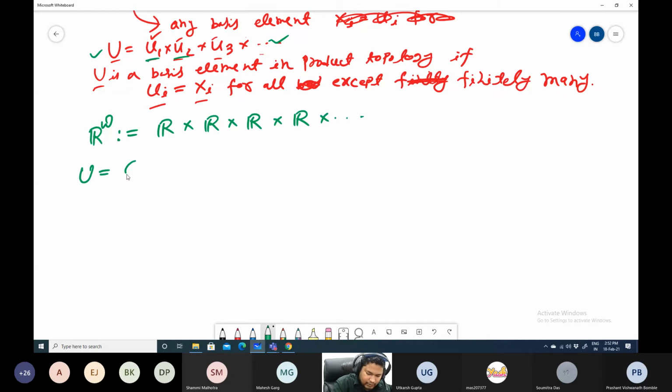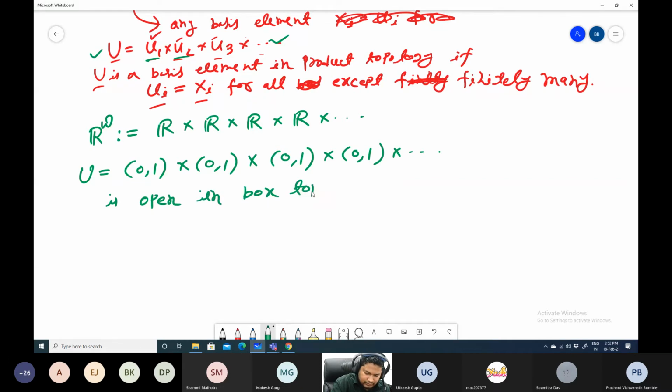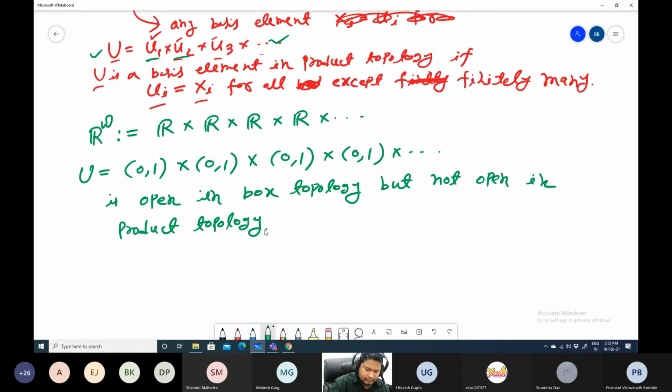Now if you take U equal to, say, the open interval (0, 1) in every coordinate, this one is open in box topology, but not open in product topology. Okay, so U is not open in product topology.